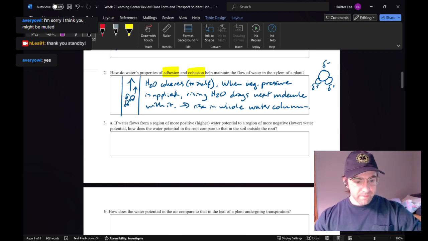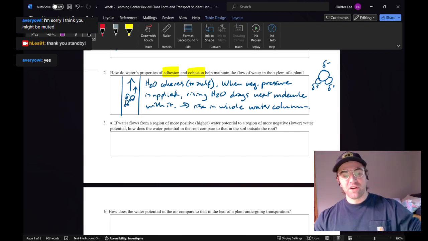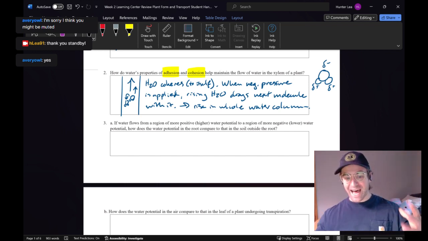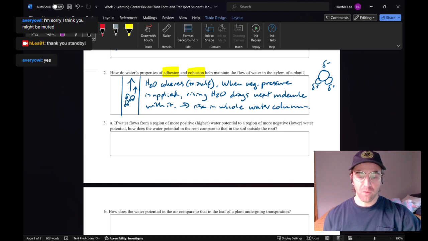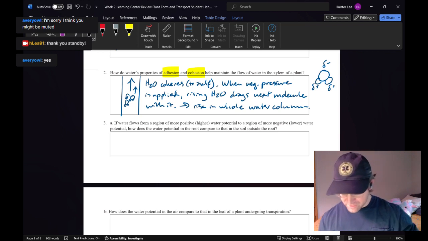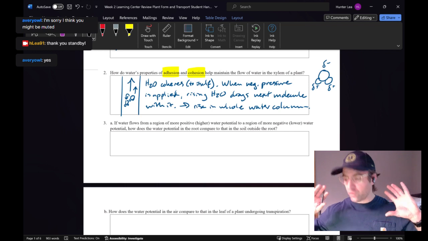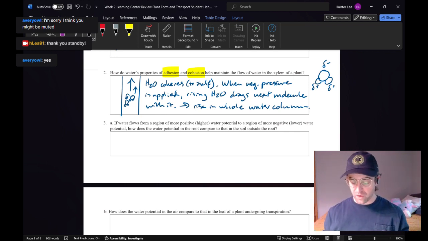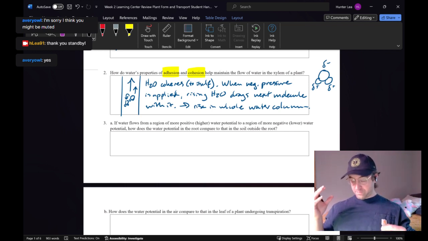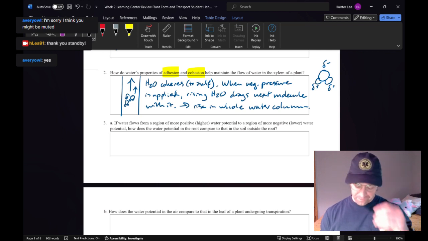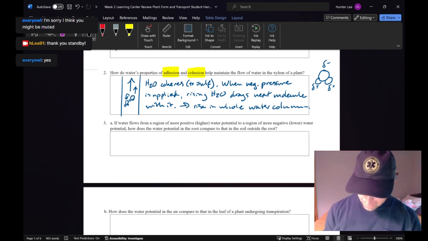All right. If water flows from a region of more positive, that is higher water potential, to a region of more negative, that is lower water potential, how does the water potential in the root compare to that in the soil outside of the root? So this is a nice reminder built into the question of what it means to have more positive or negative water potential.